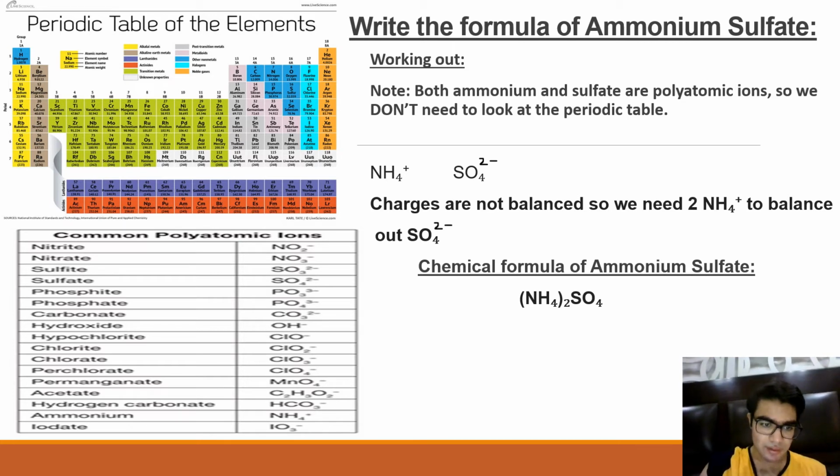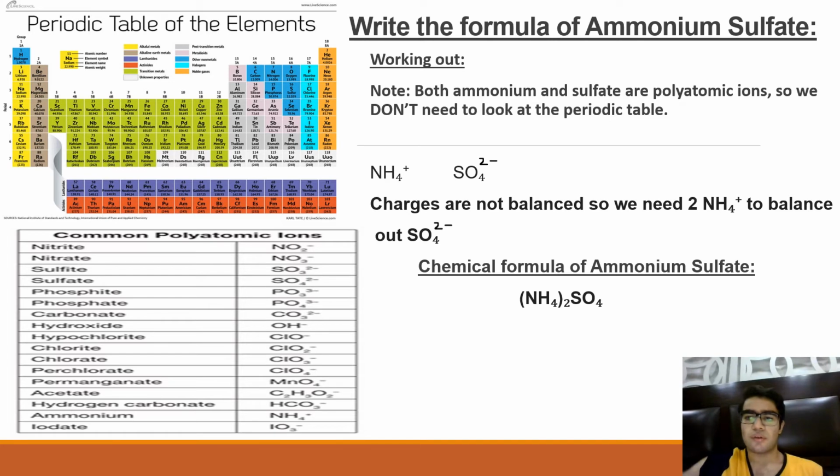Ammonium, if you look at the table, has a formula of NH4 and a charge of +1, okay? So we have NH4 plus, and there's no number written in front of the plus, so that means it's plus 1. And sulfate, if you look at the table, has SO4 and the charge is 2 minus. So we have NH4 plus and SO4 2 minus.